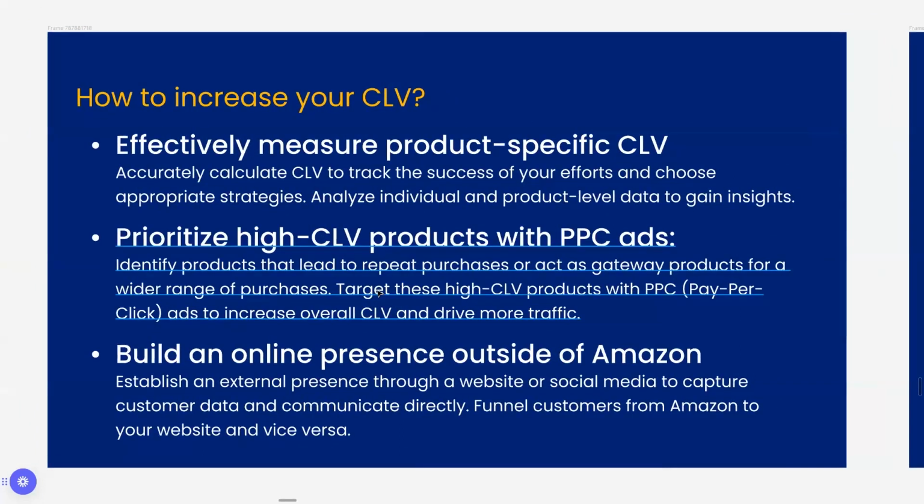The first thing you need to do is find a way to effectively measure your customer lifetime value per product, because as I've shown in the previous example, if you can really see your LTV or CLV broken down by product or by order, then you can understand which products can potentially generate repeat sales for you and where you can plan more budget for your marketing acquisition, for your customer acquisition. Why is that important?